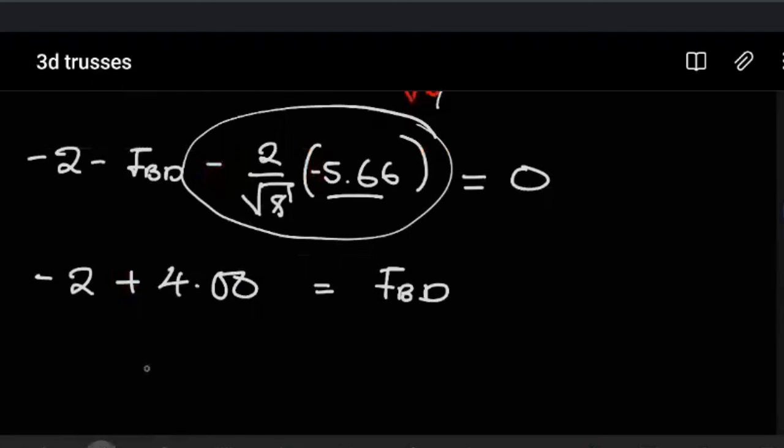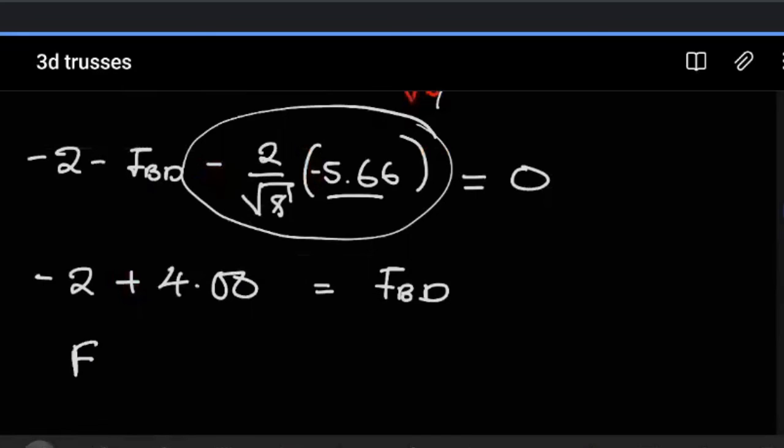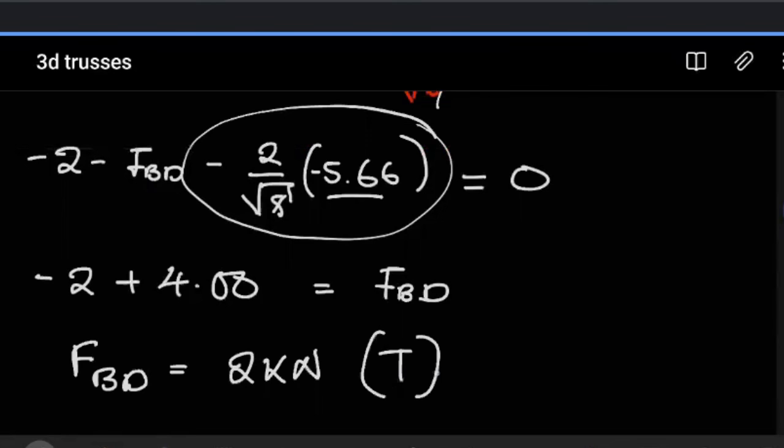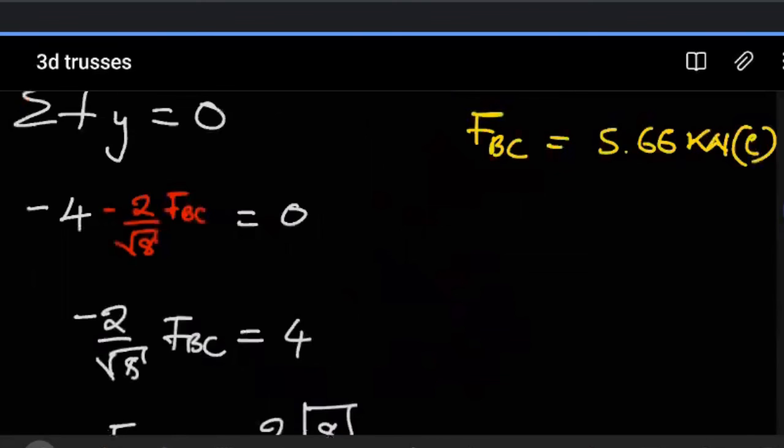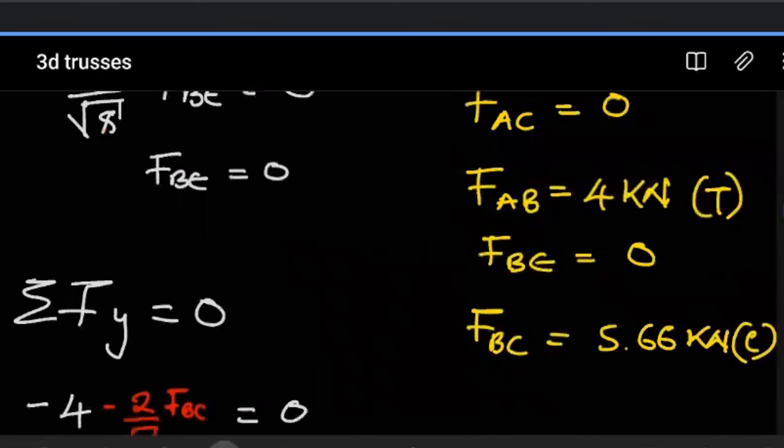Okay, so the final answer for FBD becomes equal to 2 kilonewtons. And because it has turned out to be positive, our assumption that it was in tension stands. So let me just copy these.